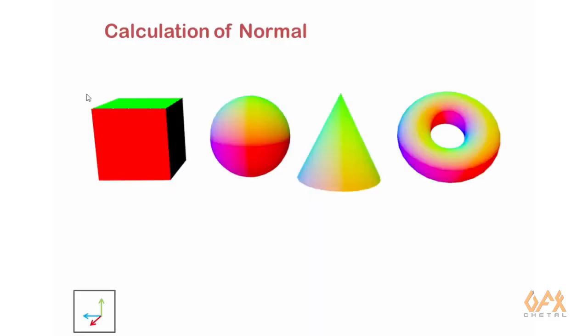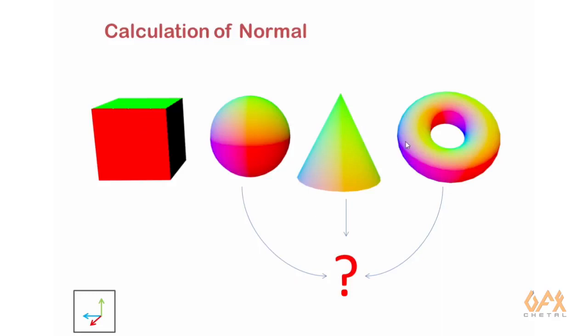Now this is okay for any cubical surface. Maybe this normal direction is toward x, this y, maybe this is towards minus z. But what about a surface which is not basically cubical?